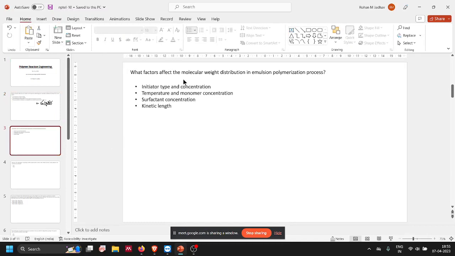What factors affect the molecular weight distribution in the emulsion polymerization process?